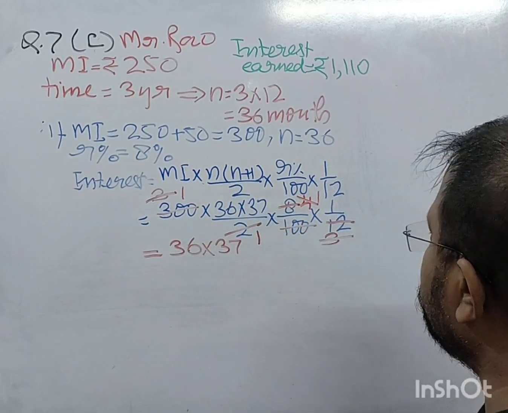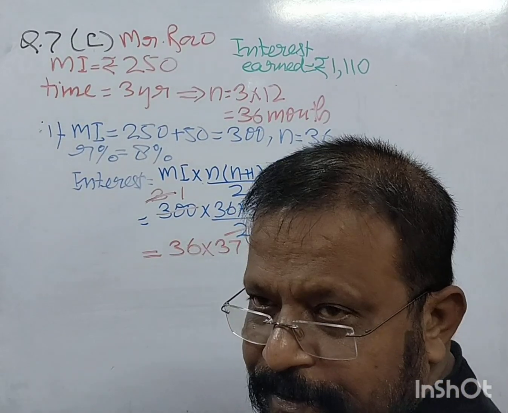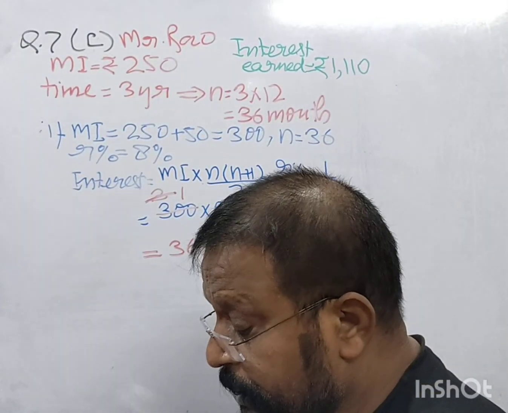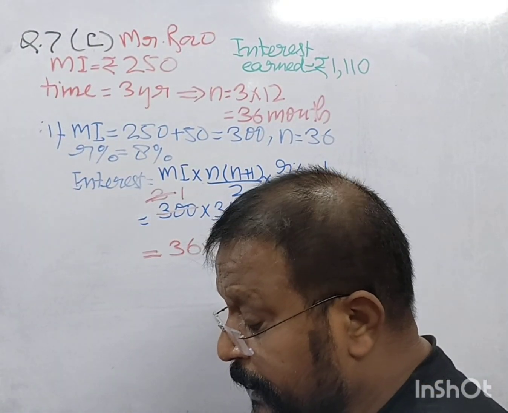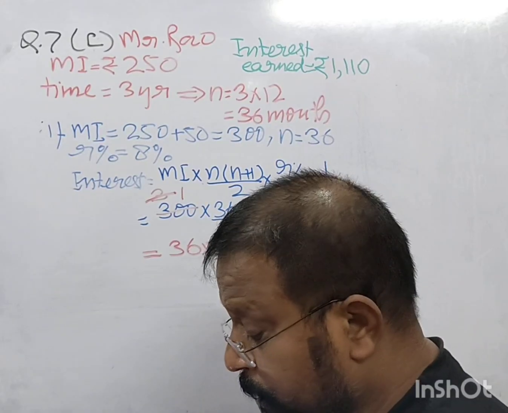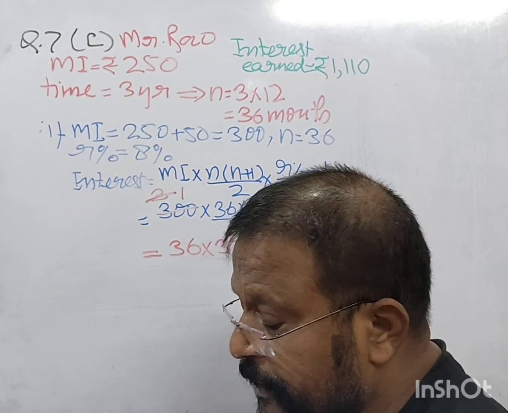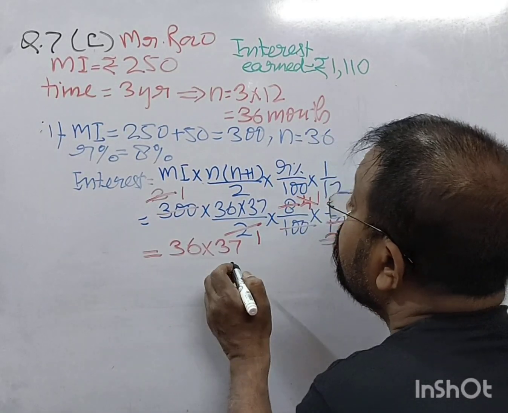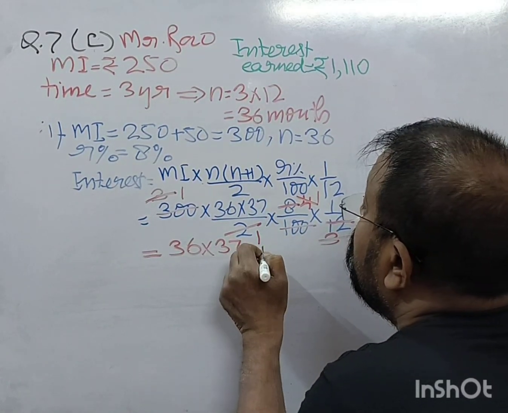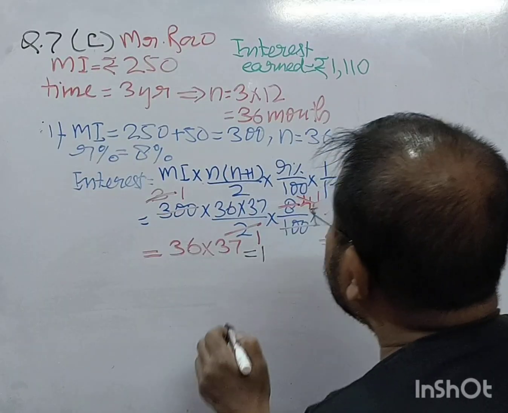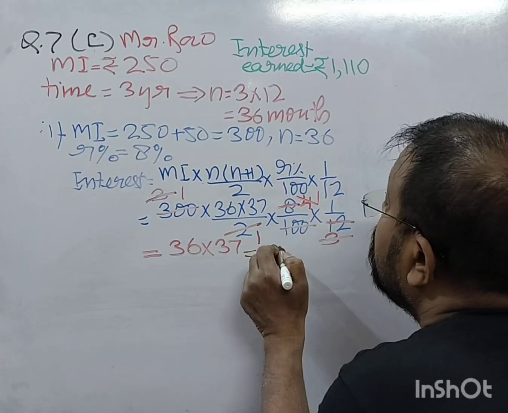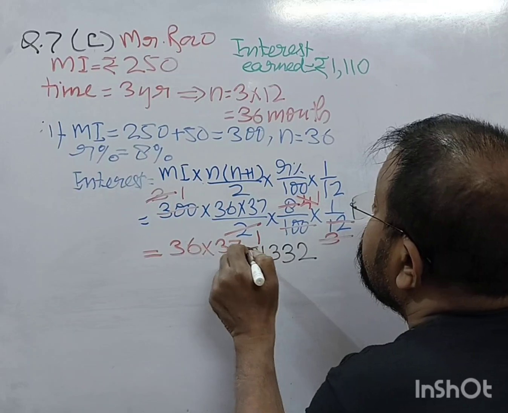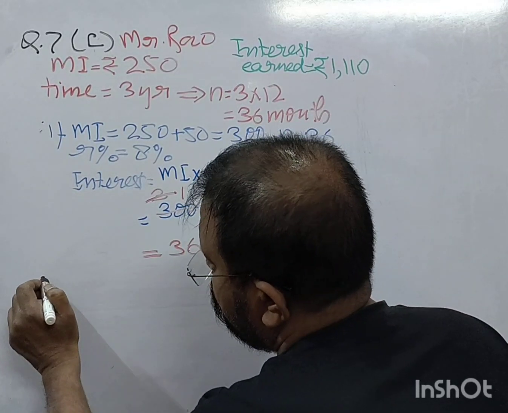Is any other number? No. So how much do you get? That is 36 into 37. Then she will get 1332 rupees more.